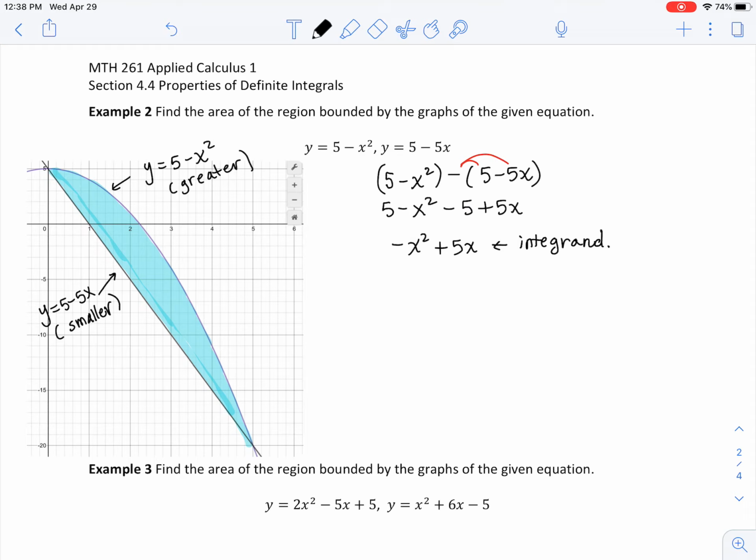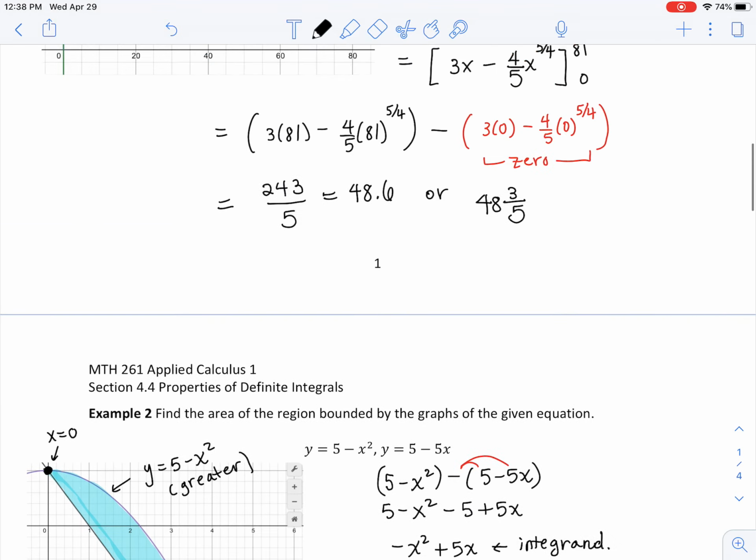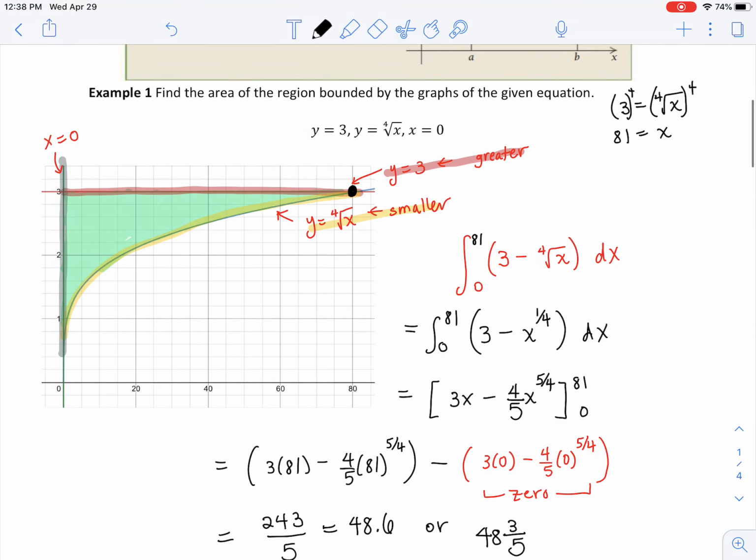Now, what we need to find is the boundary points, because in order for us to evaluate a definite integral, we need to know the lower bound and upper bound. Again, I kind of see that my lower bound is 0. I'll be more careful and say that's x equals 0. And I can't really see, but I think this is around x equals 5, looking at the x-axis here.